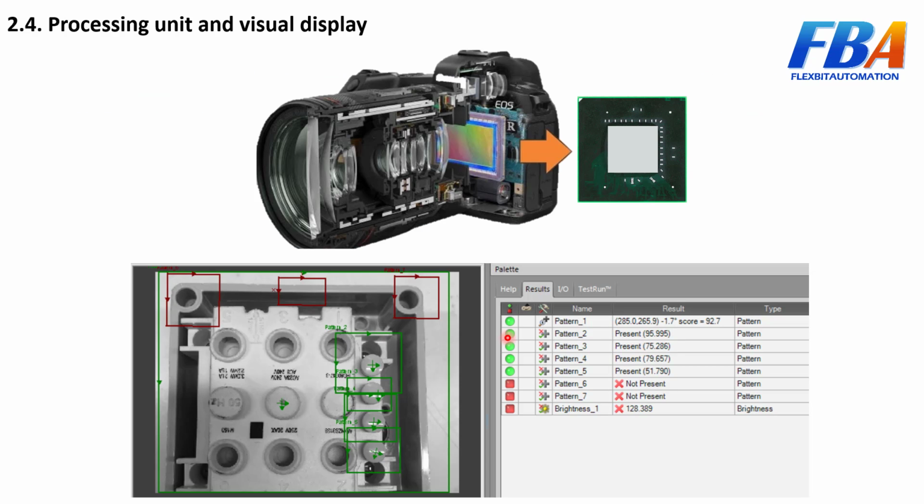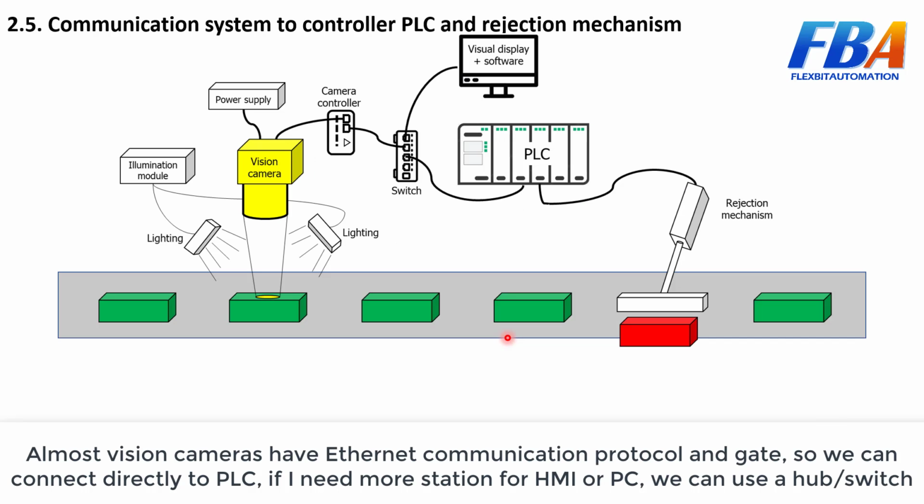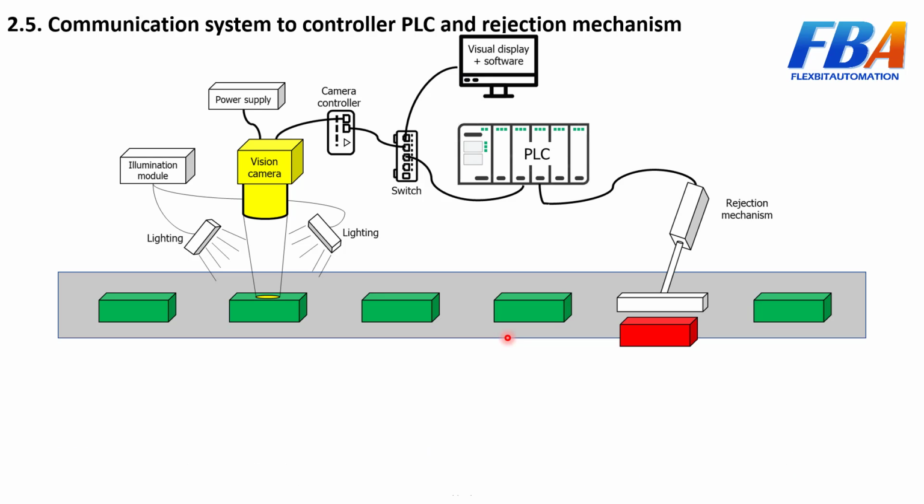And the next one is about the communication between the vision camera and the PLC. Nowadays, almost all vision cameras have Ethernet communication protocol, so we can connect directly to the PLC. If we need more stations for HMI or PC, we can use a hub or switch.